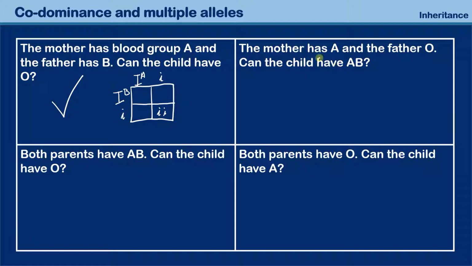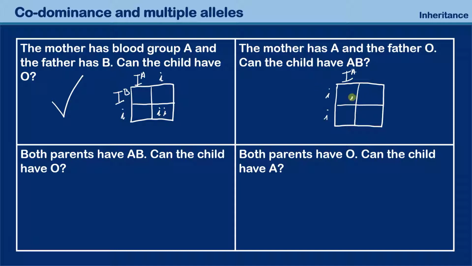What about the next example? The mother has A and the father has O. Can the child have AB? Let's say we have a child with blood group AB. Let's see, the mother has A, IA. We do not really know about the other one yet. And the father has O, so lowercase i.